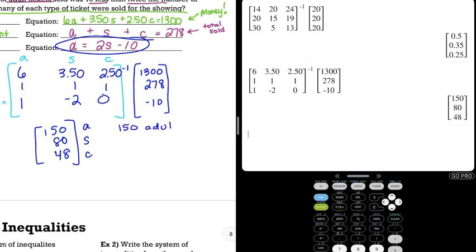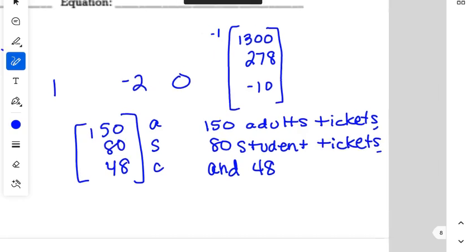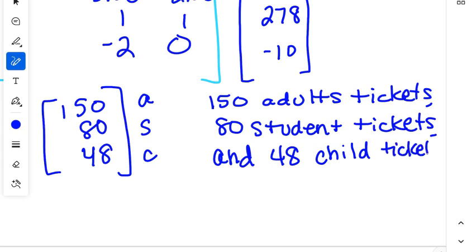So 150 adult tickets, 80 student tickets, and 48 child tickets were sold.